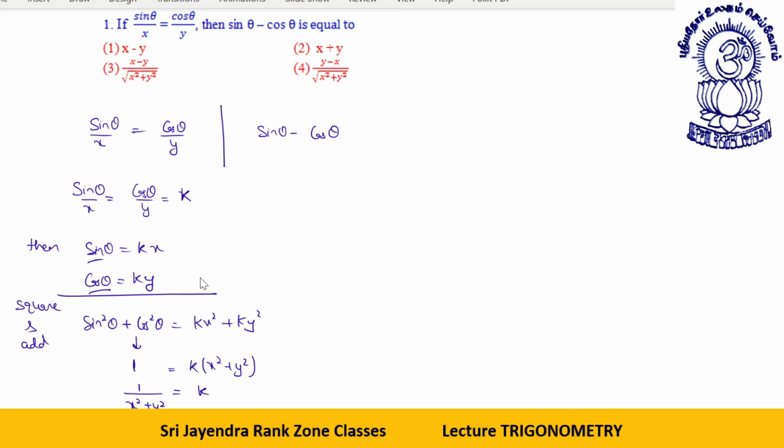Am I clear? That will be k square x square plus k square y square, k square taken common. So k will be under the root 1 by x square plus y square. Sin theta minus cos theta will be what? That will be kx minus ky, or if I take out k common, it becomes k into x minus y.